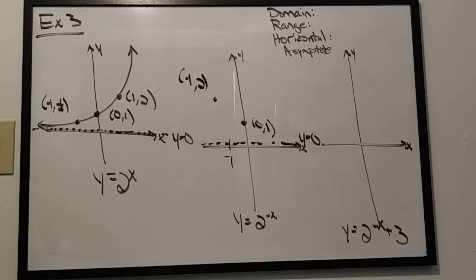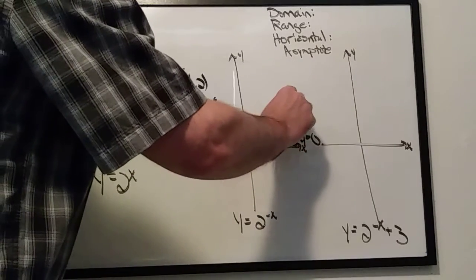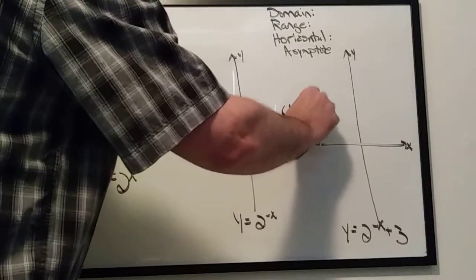Remember again that if we're reflecting about the y-axis, I'm going to multiply my x coordinates by negative 1. So negative 1, 2 there. And the same kind of thing happens with negative 1, 1/2. Multiply the x coordinate by negative 1, and we're going to have over here a point 1, 1/2.